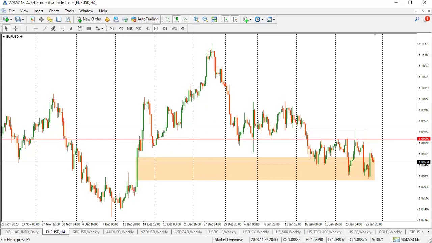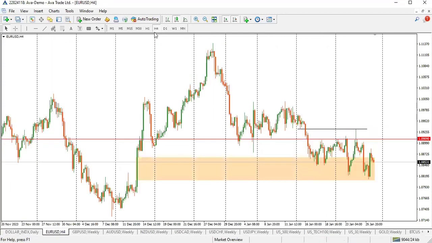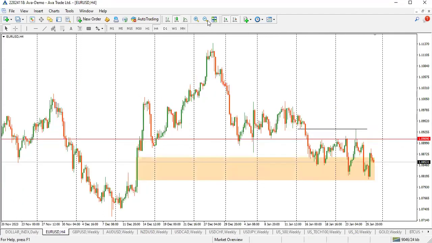If this inefficiency here is not traded to, and dollar in fact goes bullish to attack this level, then we'll be heavily bearish on Euro USD to attack this liquidity that is resting right here, and fill the little area of inefficiency remaining here. So that's what I'm looking at for Euro USD.